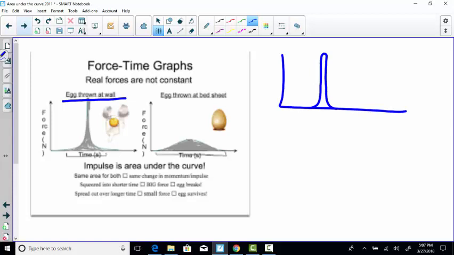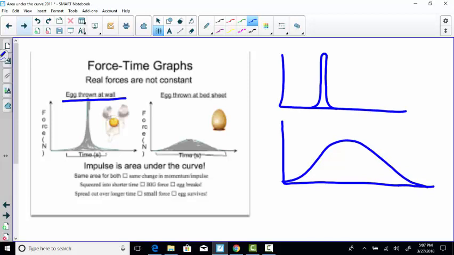But if you take that same egg and you throw it on a bed, that is going to be a much longer time period. And that's actually one of the things we're going to test in the lab. So sorry that didn't show up. But what you have is a homework assignment where you're just going to calculate the area under some force versus time graphs.